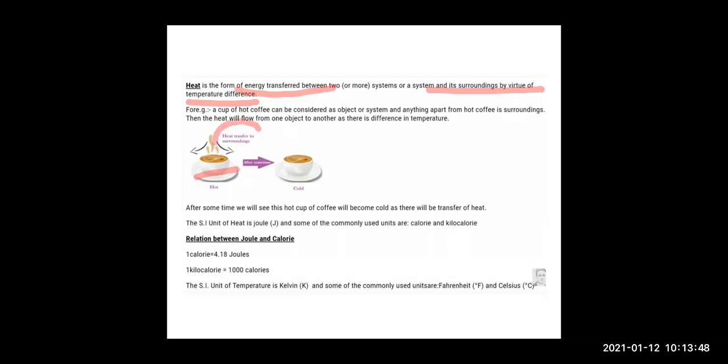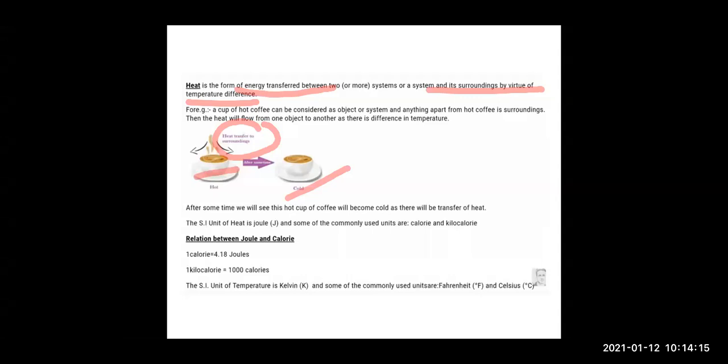The heat has been transferred to the surroundings of the coffee, right? Because the coffee was hot and the surrounding temperature was less. There was a difference in the temperature. So the heat of the coffee got transferred to the surroundings. And so after some time, you see the coffee becomes cold, right?